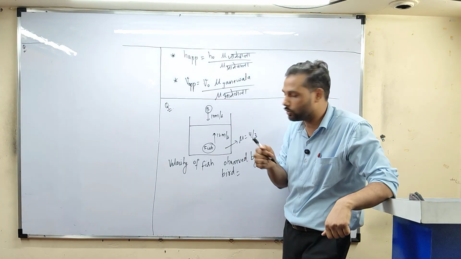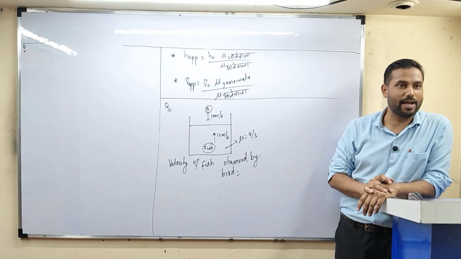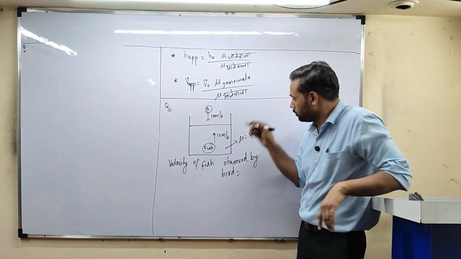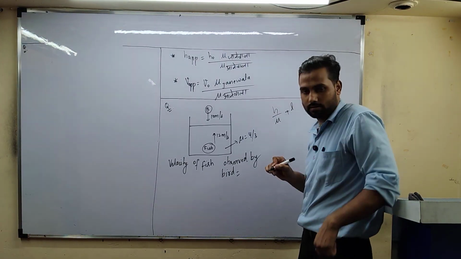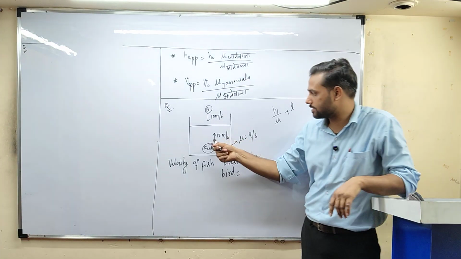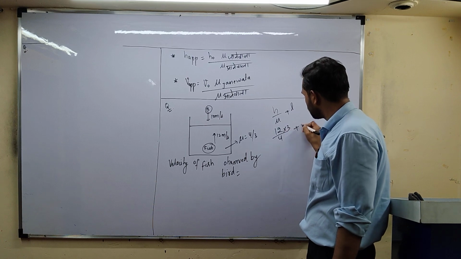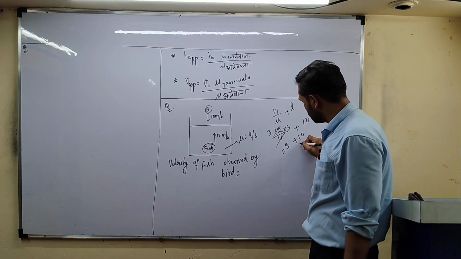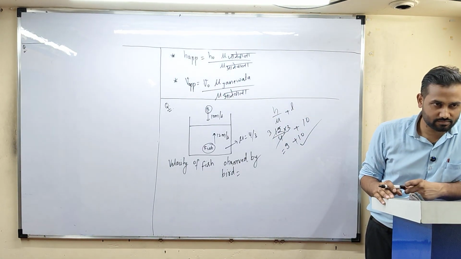Then take that same scenario, h by mu plus this particular length, and you will get the same answer. H is simple, 12 by 4 by 3 plus 10, that is 9 plus 10. This is also valid. Same thing.